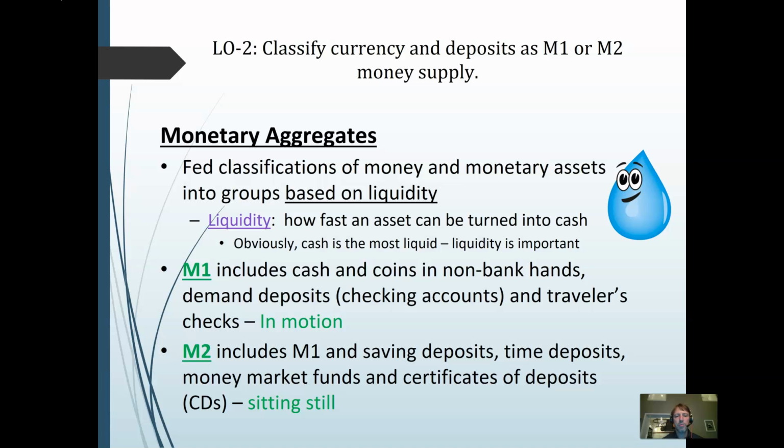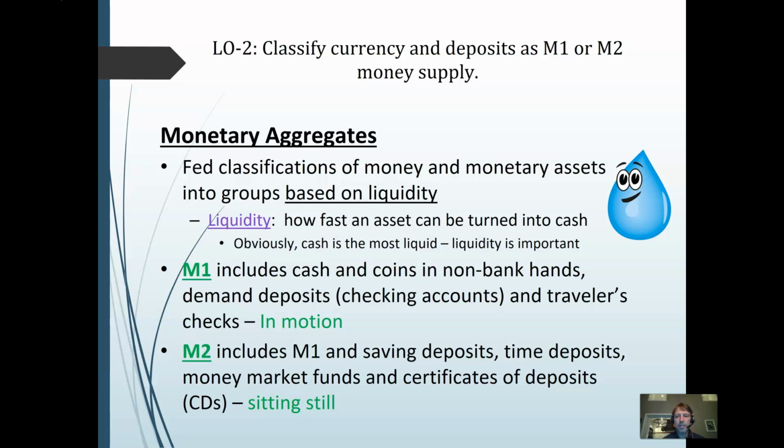M2 includes M1 plus all the money that's kind of sitting waiting to be used. It's maybe in a savings or a timed deposit kind of account or a money market fund or a CD, a certificate of deposit. And it's sitting still, not really moving. And that is a very big percentage of the money in existence.